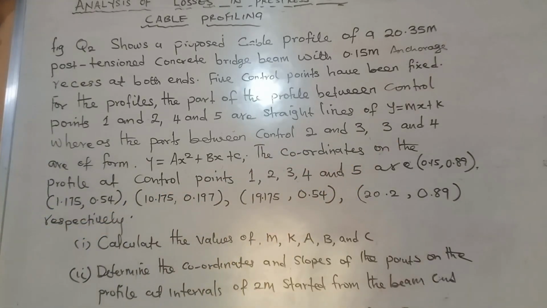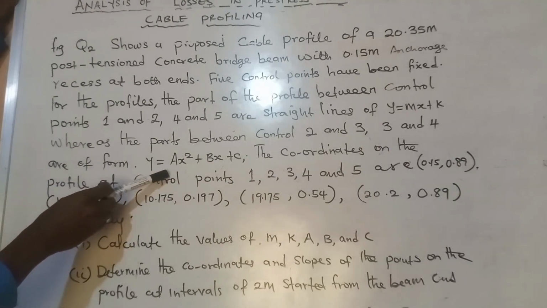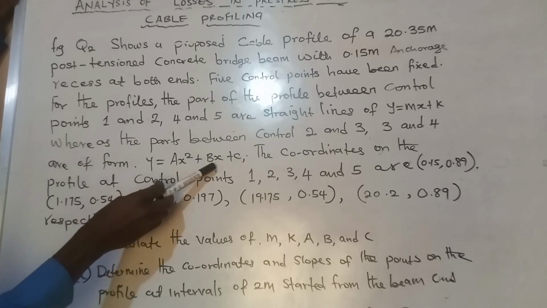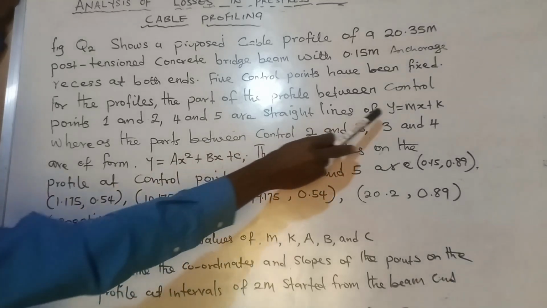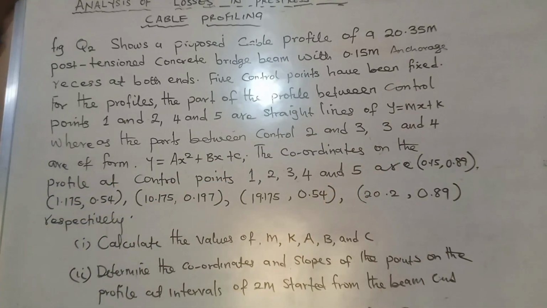Now the parabolic part is governed by the equation of a parabola, while the straight part of this profile is governed by the equation of a straight line, which is y equals mx plus k, where m represents the gradient and k represents the intercept. We have the x and y coordinates of the profile.